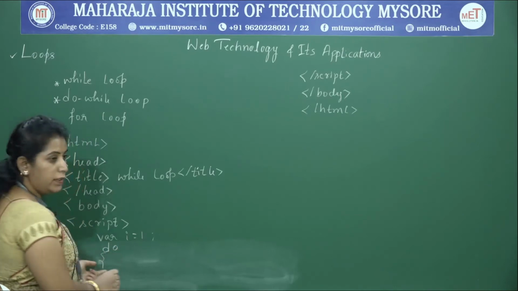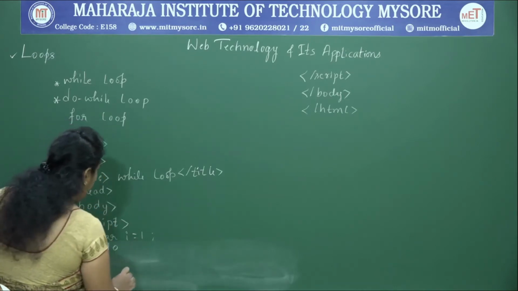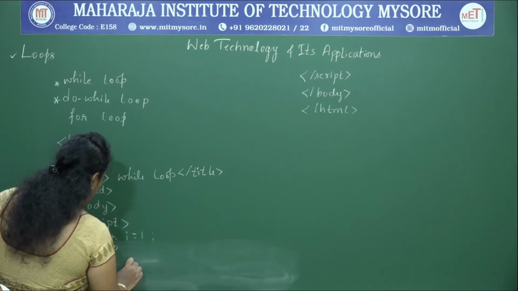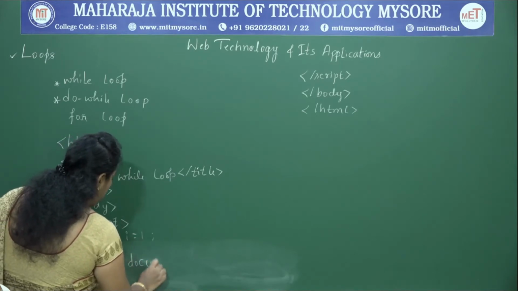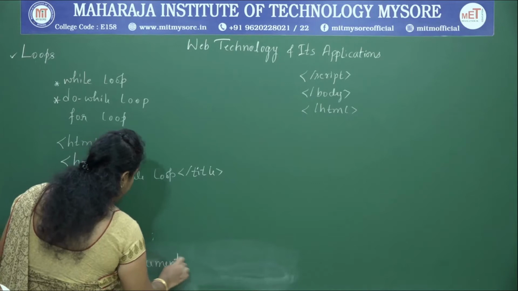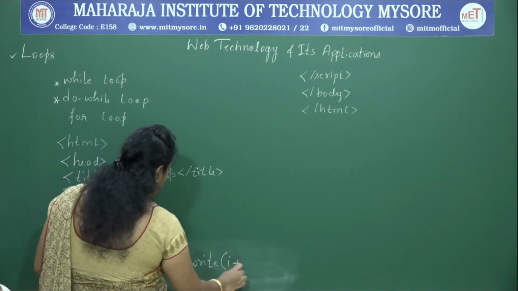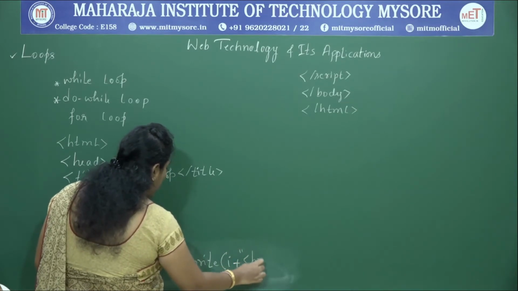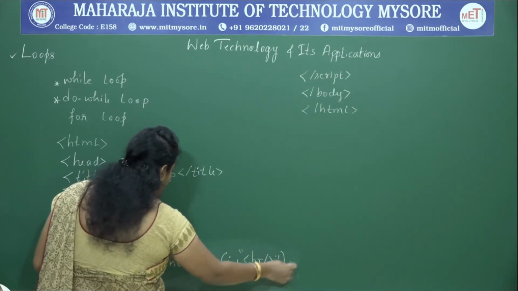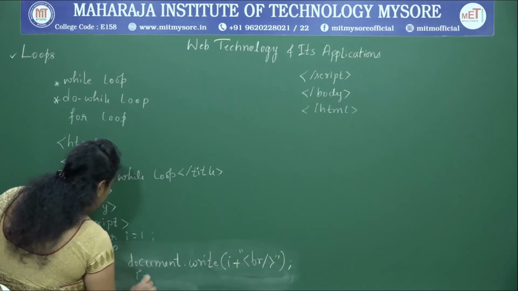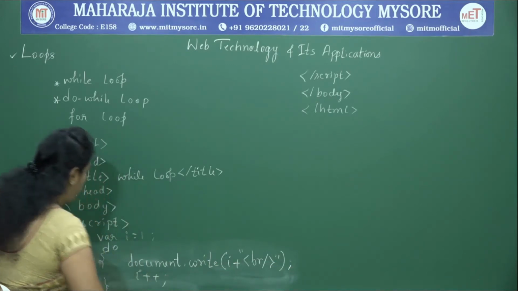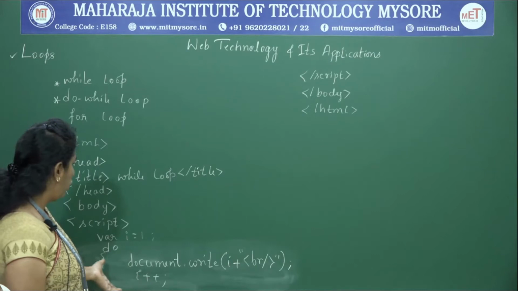Inside the body I have to give document.write, print the i value, then you can use br. After that i gets incremented. So this is how you can use the do block.